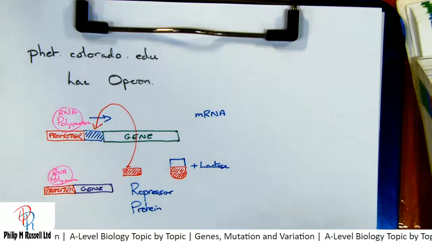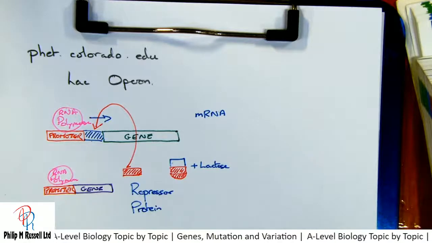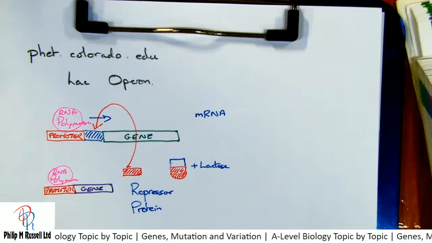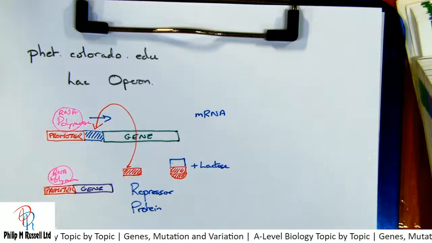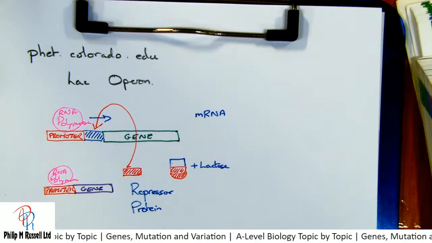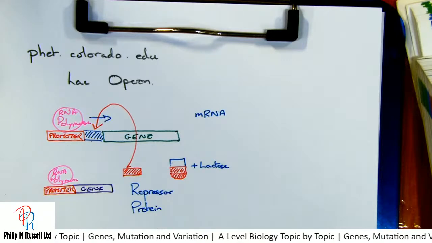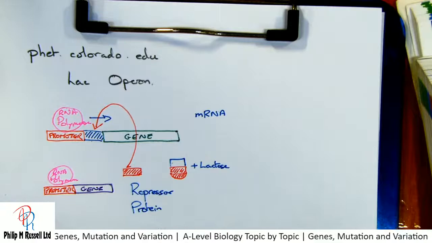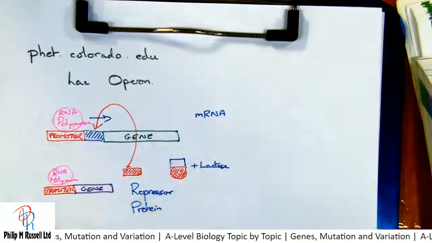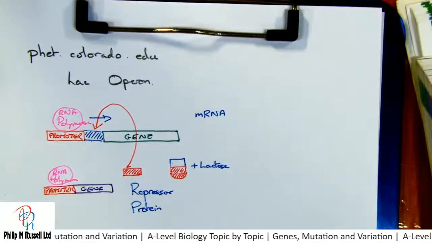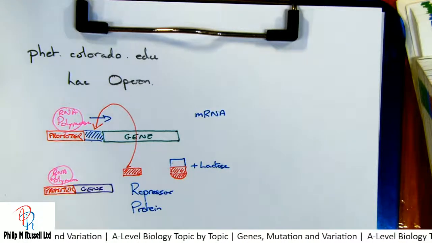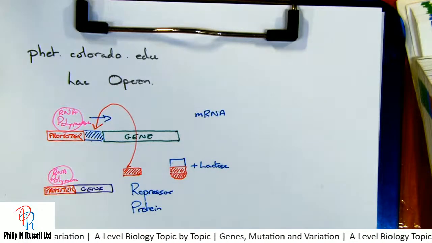So this is the way that we get some sort of transcriptional control over the way that genes are used, and this is just the way that the Lac Operon works, but we get some other equally exciting ones, but generally for A-level this is the only one that you need to know about. So it's this idea of controlling everything.